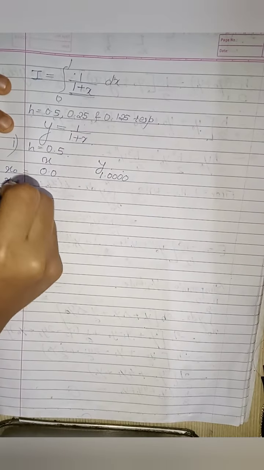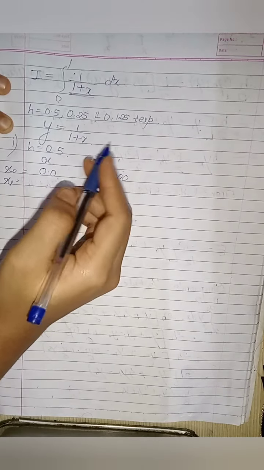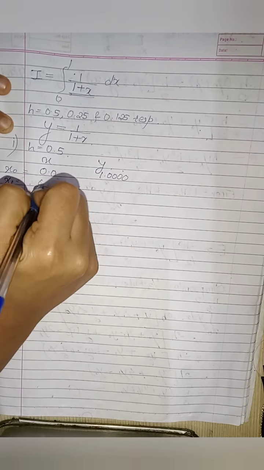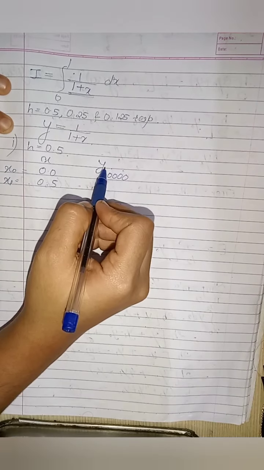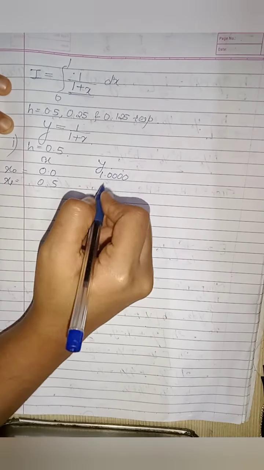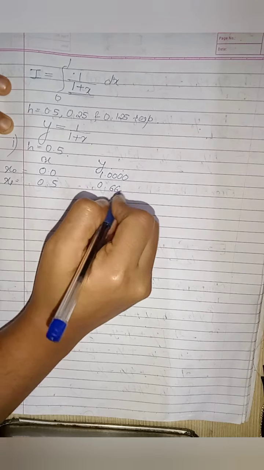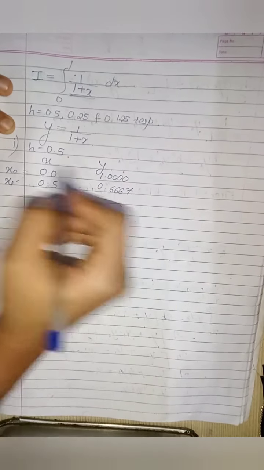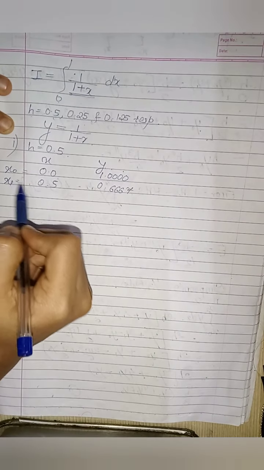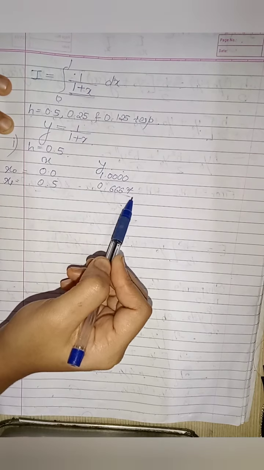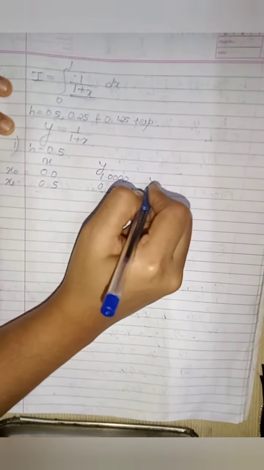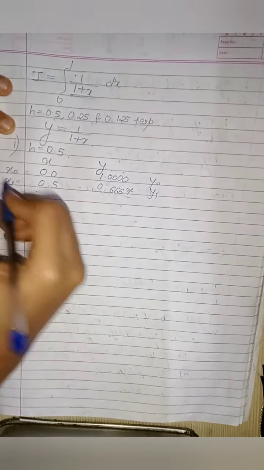Similarly, x1 will be nothing but for h equals to 0.5, the next point will be 0.5. So calculating the value of y, for this you will get 0.6667. Substituting the value of x as 0.5 in this equation, we'll get this value of y. So this will be y0, this will be y1.